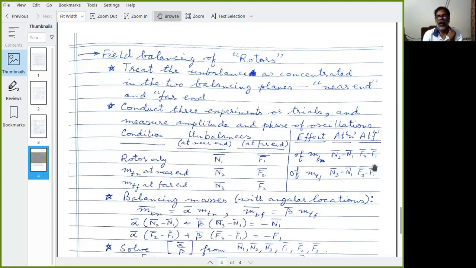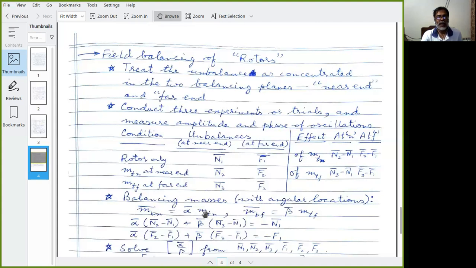Now, whatever are the effects of these two trial masses individually, by superposition, you say that I would like to multiply this with a complex number and this with a complex number and put both of those trial masses together so as to balance completely N1 and F1. That is, so that the effect of alpha times this and beta times this together should be minus N1 and minus F1.